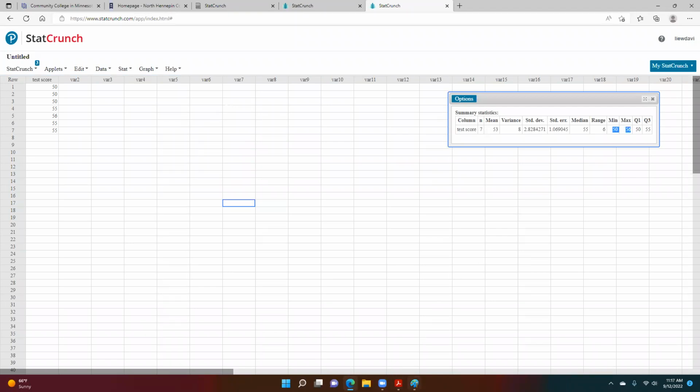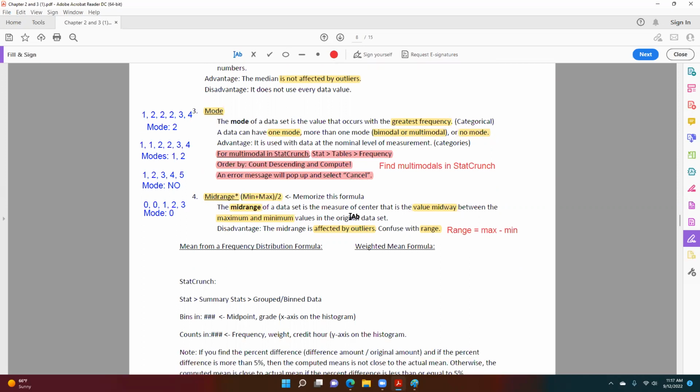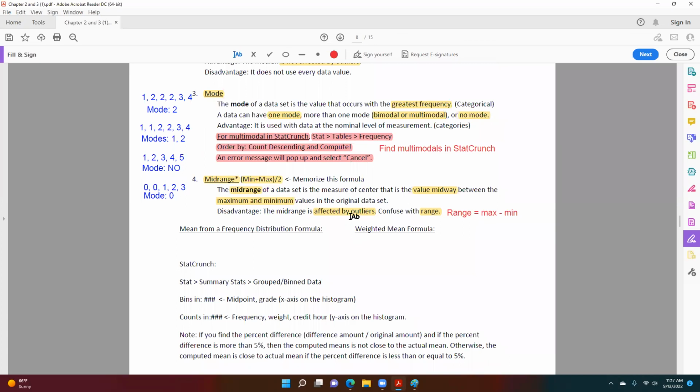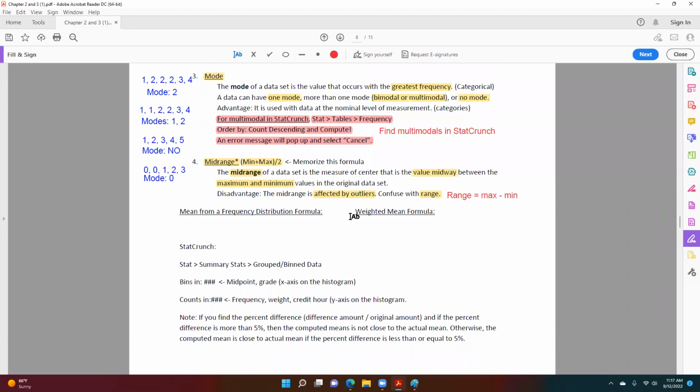This is the only statistic that you are required to find yourself, where StatCrunch will not provide you the value. Let me go through some examples. Before we go through some examples, does anyone have any questions for me?